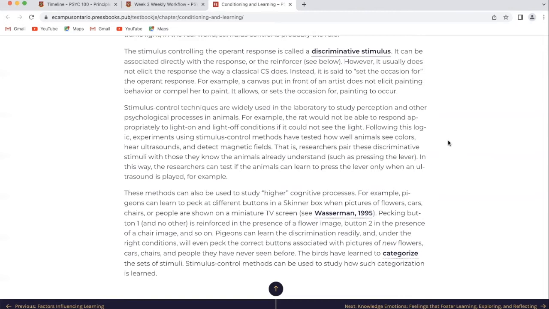Following this logic, experiments using stimulus control methods have tested how well animals see colors, hear ultrasounds, and detect magnetic fields. That is, researchers pair these discriminative stimuli with responses they know the animals already understand, such as pressing the lever. In this way, the researchers can test if the animals can learn to press the lever only when an ultrasound is played, for example.